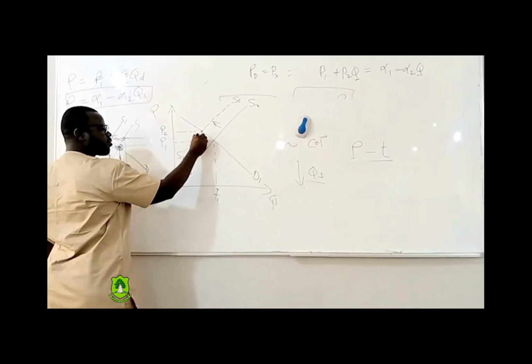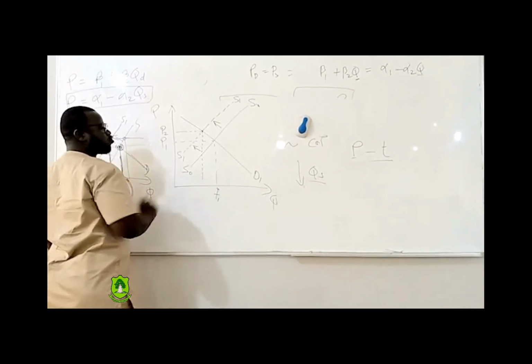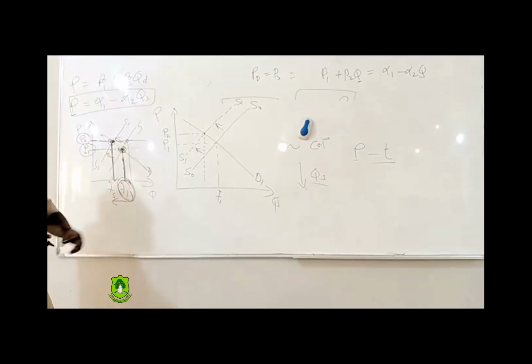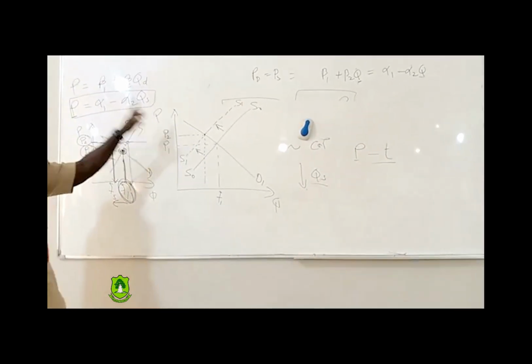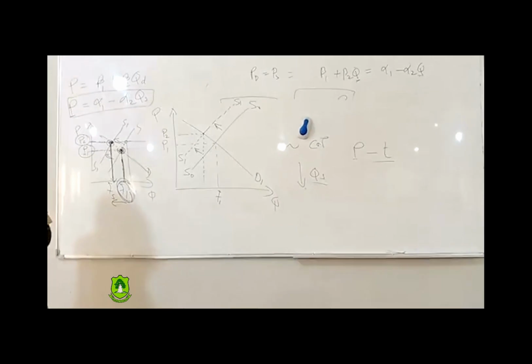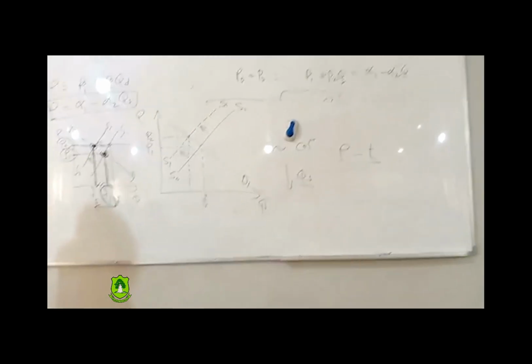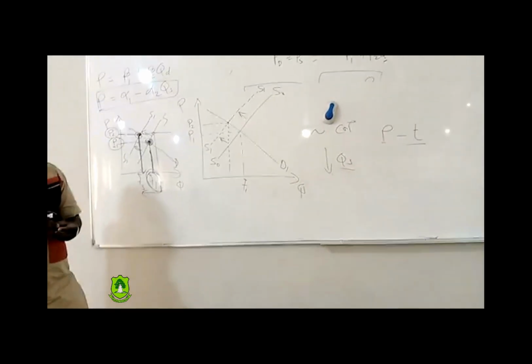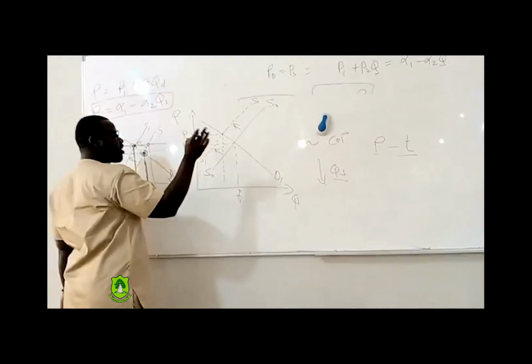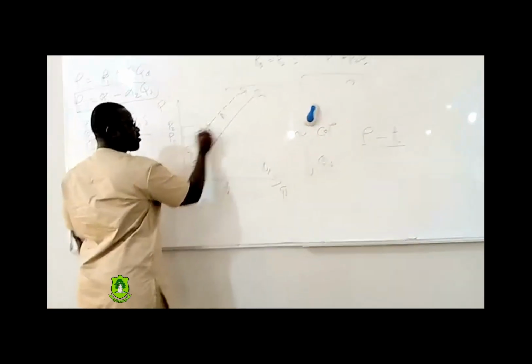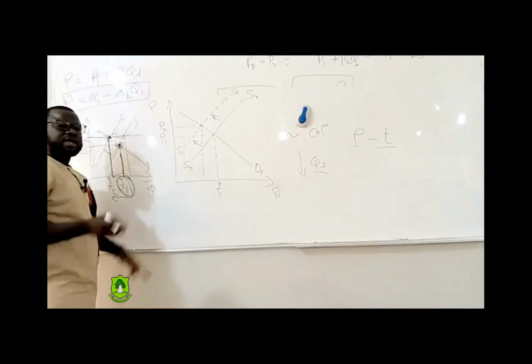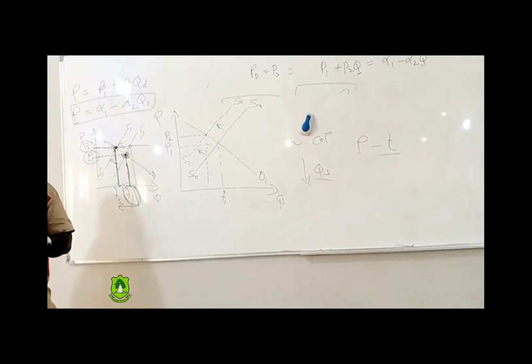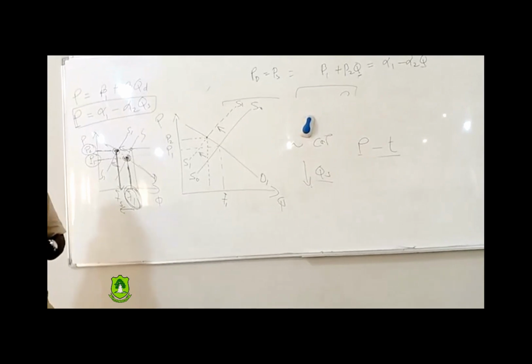S1. S1. Now look at this. Any price above the equilibrium, what will happen? Yes, any price above the equilibrium price. Remember, we are looking at either excess supply or excess demand, surplus or shortage.